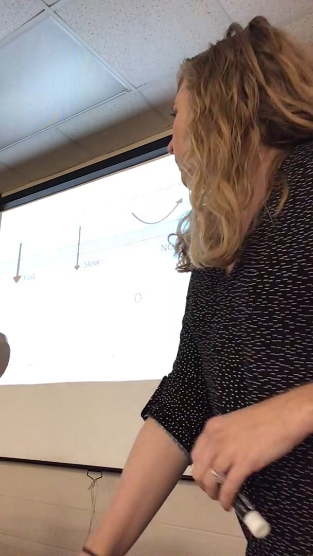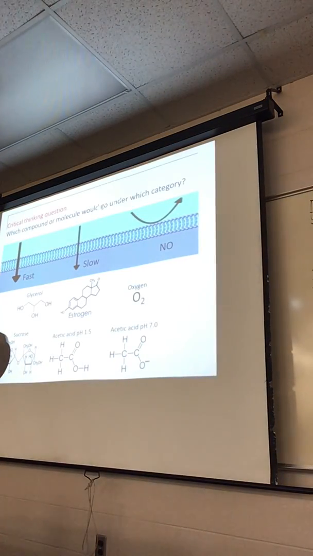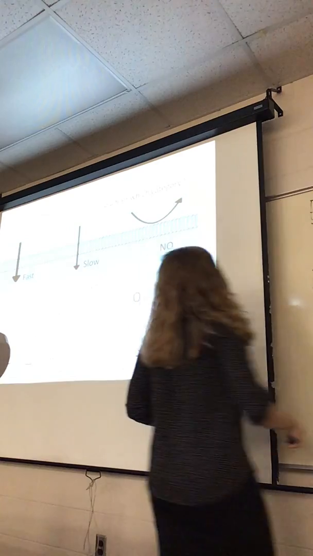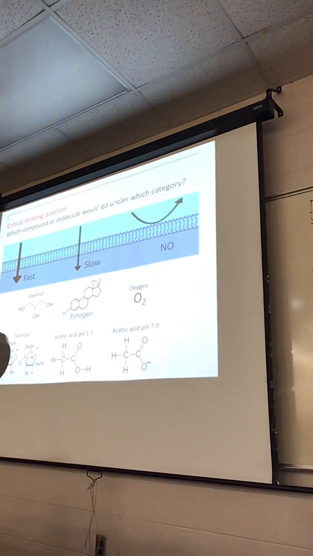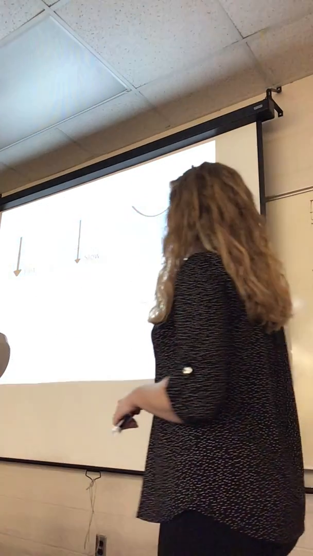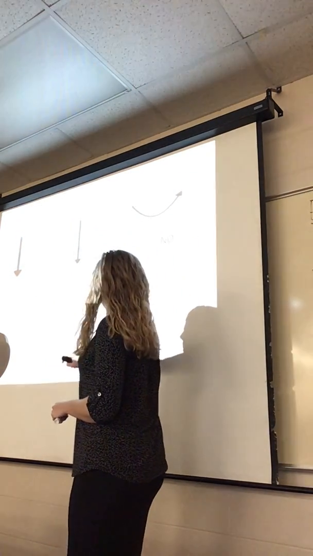All right, slow. Notice in our hard category, it's hard for them to come through. They'll come through slowly. Those are going to be things that are small and polar. What things here do you think are polar molecules? These are our polar molecules, acetic acid pH 1.5 and glycerol.